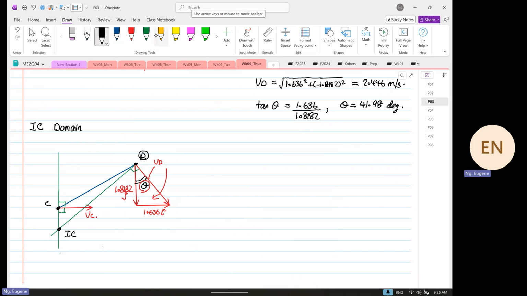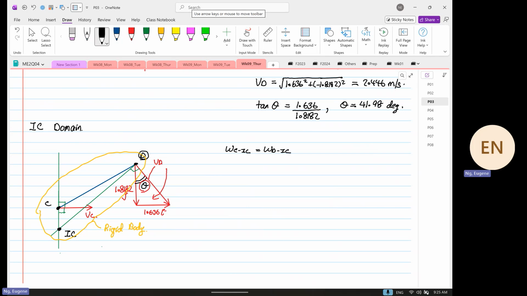Okay. So now, in our instantaneous domain, and I know I sound like an old tape recorder, we know that omega C to IC is equal to omega D to IC.